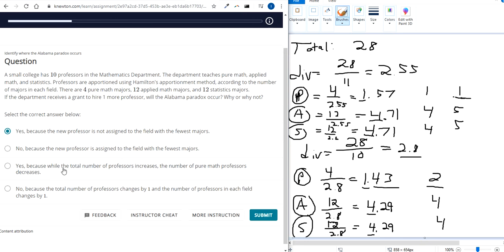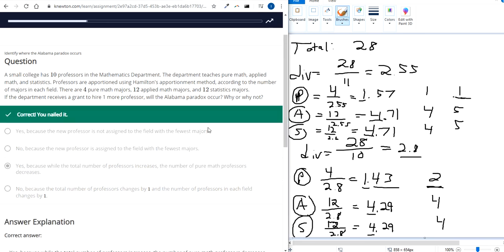Yes, because while the total number of professors increases, the number of pure math professors decreases. That's a more complete example of the Alabama paradox. Okay, that's what we were just saying. Before, when we had 10 professors, 2 went to pure math. Now, if we increase it to 11 professors, that suddenly made pure math get decreased. And then we said that's what the Alabama paradox is: increasing the number of representatives causes a decrease in one of the categories.